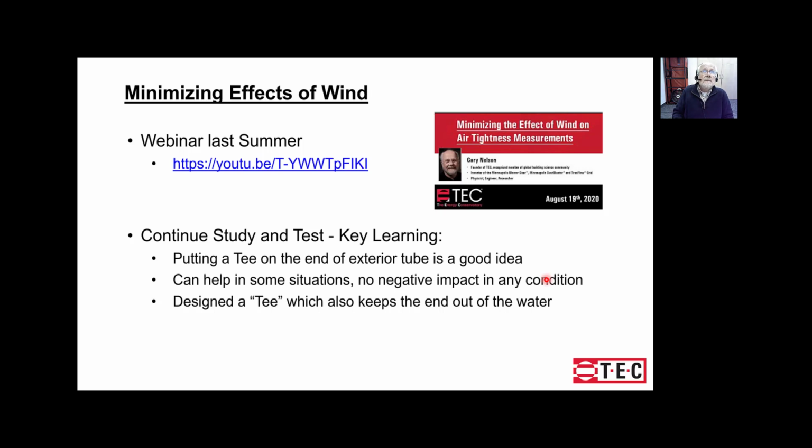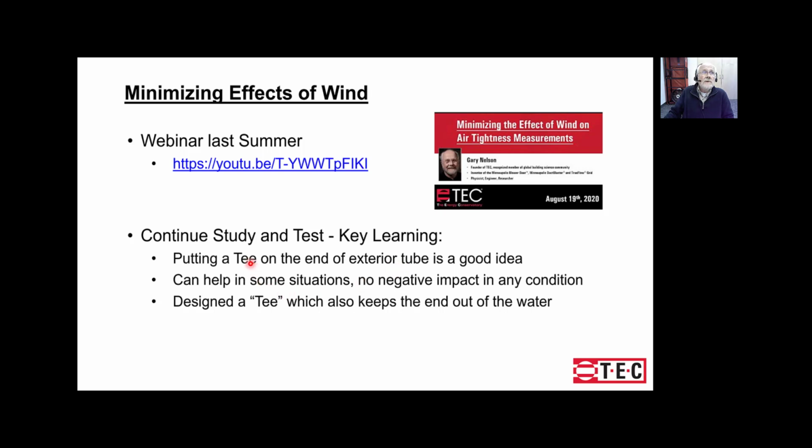But since that webinar, I've been doing some more measurements and more puttering and thinking. And one thing that I've noticed in the last couple of years going to international conferences is that the Europeans always recommend that you put a T on the end of the tube that goes to sense the outdoor pressure when you're measuring the pressure difference between inside and outside.